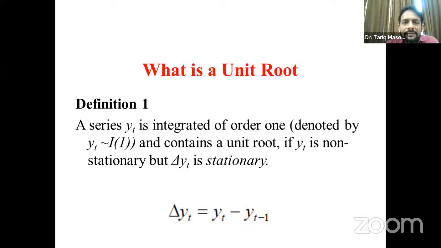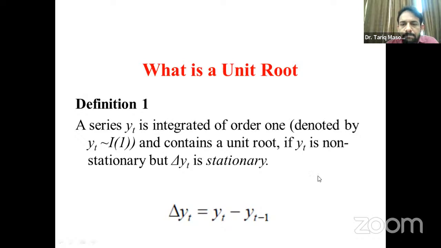Now a series yt is integrated of order 1 and contains a unit root if yt is non-stationary but delta yt is stationary. That means in raw, original form, there is a presence of unit root, the value of phi is equal to 1. But when we take the first difference, delta yt, it is stationary.